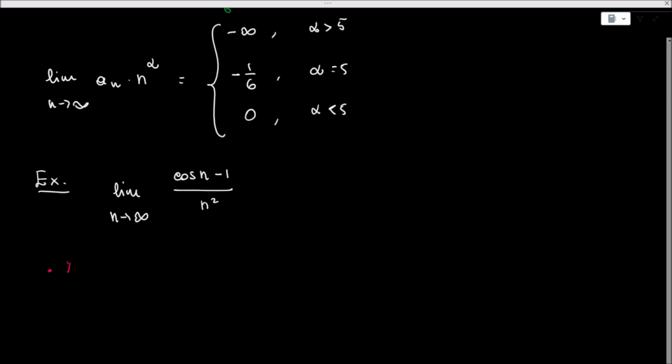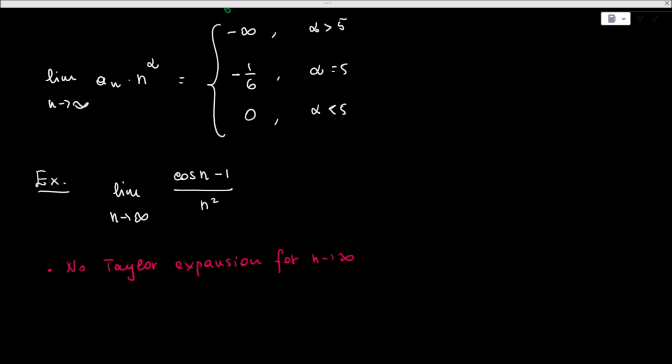No Taylor expansion for n that goes to infinity, because clearly we have no way of expanding the cosine of n. We would need n to go to 0, right?